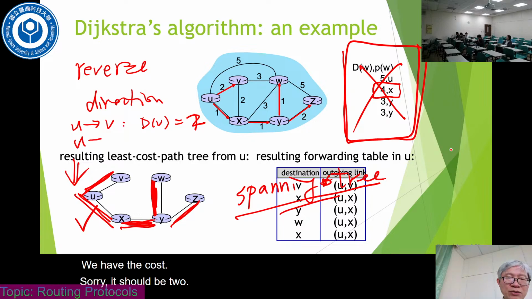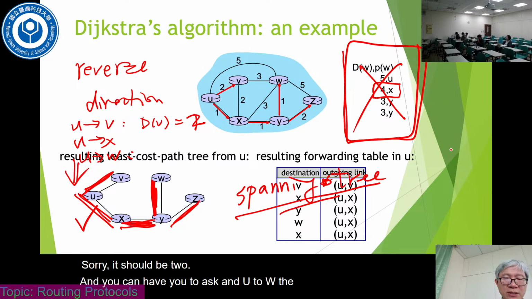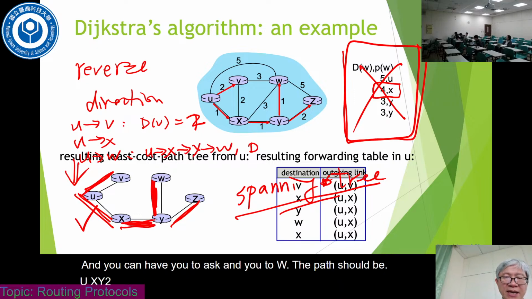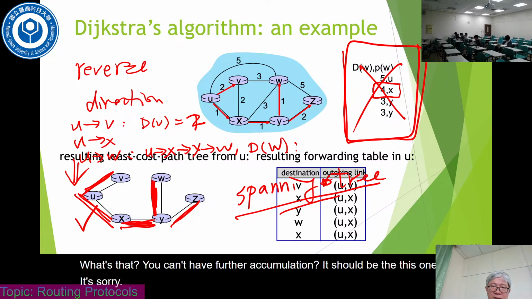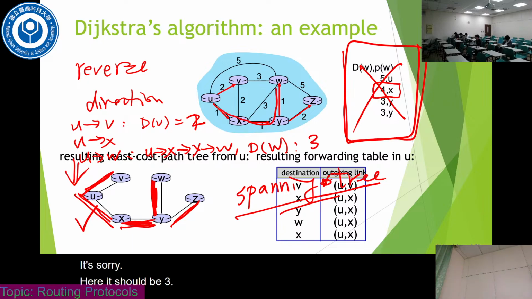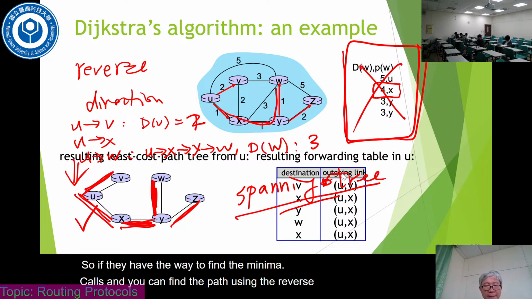And you can have U to X and U to W. The path should be U, X, Y to W, and the cost, the path accumulation. Here, it should be 3. So you can find the minimum cost, and you can find the path using the reverse direction.